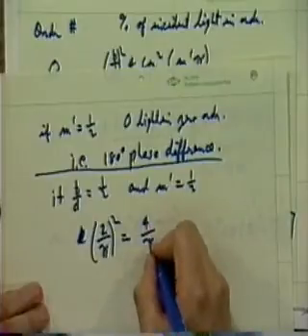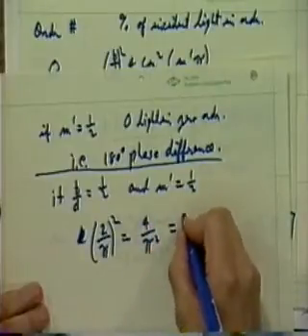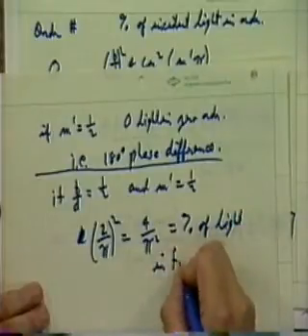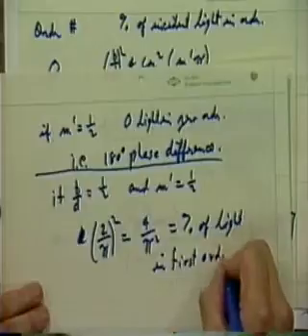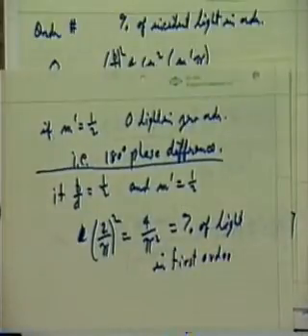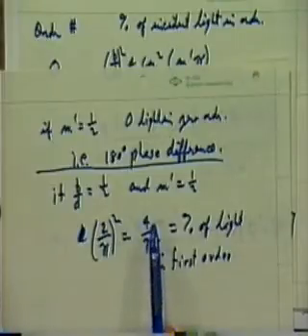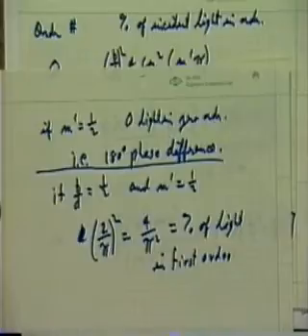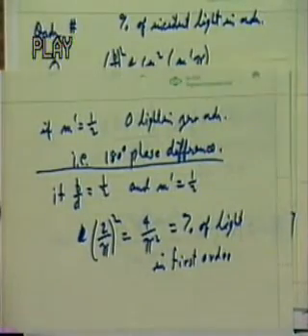So 4 over pi squared is the percent of light in first order. So by having these two apertures, making them out of phase by 180 degrees with respect to each other, we have picked up 4 times as much light in the first order. It's really 2 apertures properly phased, so the amplitude doubles, and so the intensity goes up by 4.